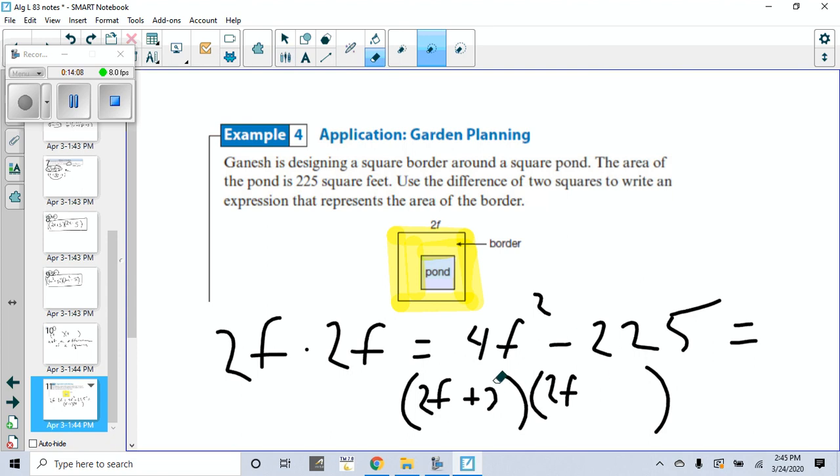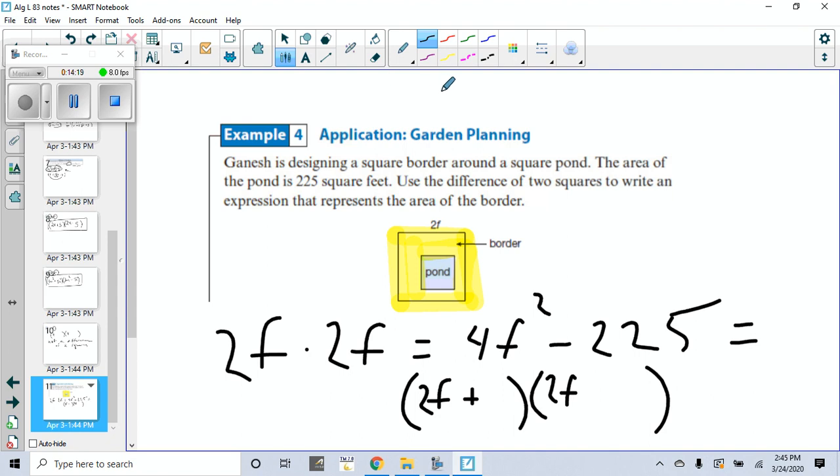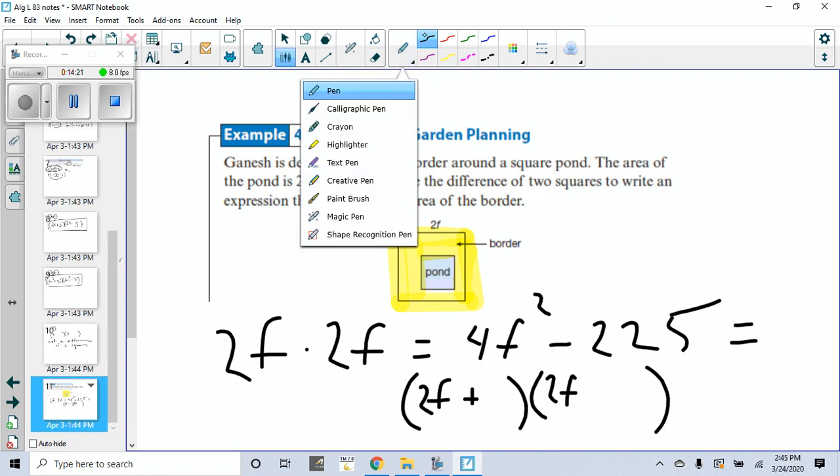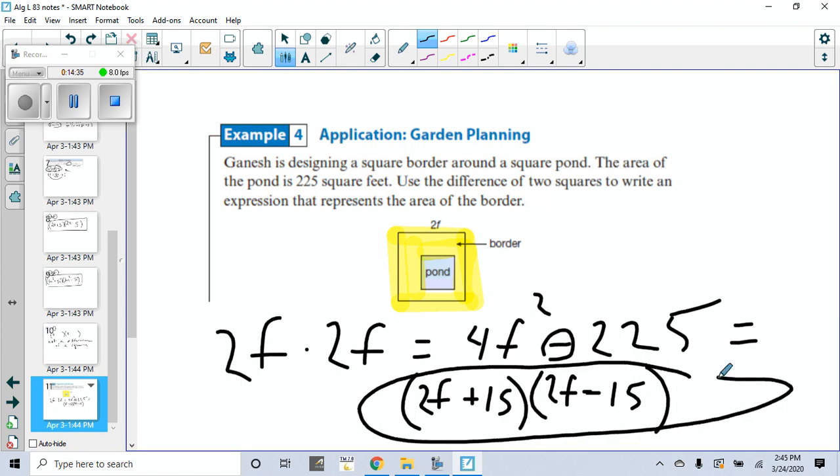The square root of 225 is going to be 15 times 15. And since this is negative, one's going to be positive, one's going to be negative. And that would be our answer, and we would want to put square feet.